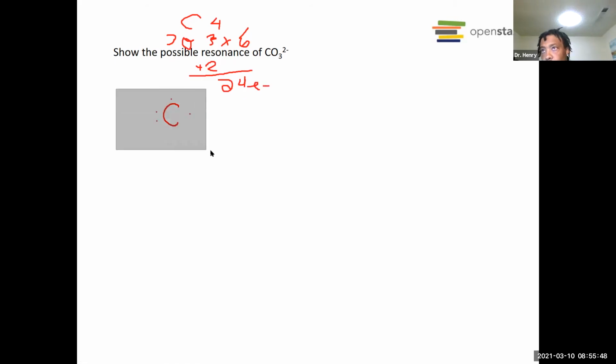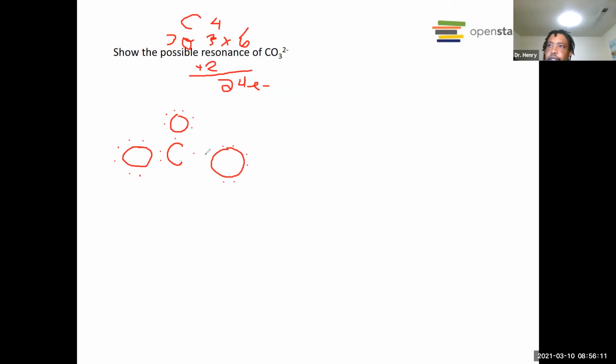So carbon in the middle. Oxygen here. Oxygen here. And then we have 2 extra electrons.